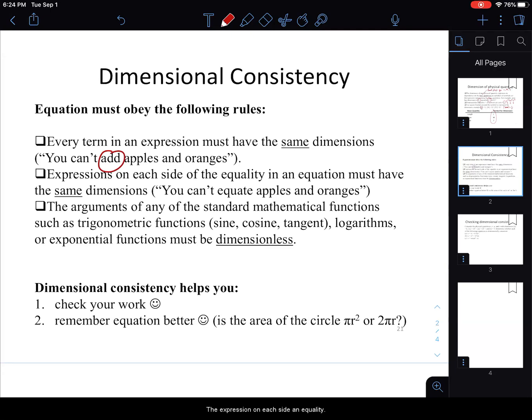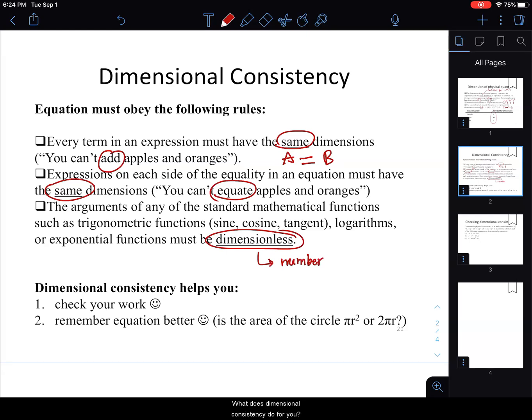The expression on each side of an equality, say A and B, must have the same dimension. So you cannot equate apples and oranges. The argument of any standard mathematical function, such as a trigonometric function like sine, cosine, tangent, or a logarithmic or exponential function, must be dimensionless. Remember, it's just a number.